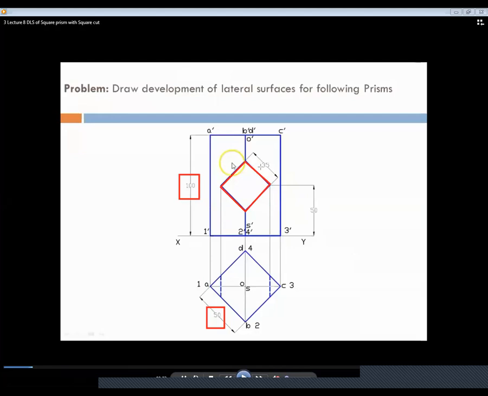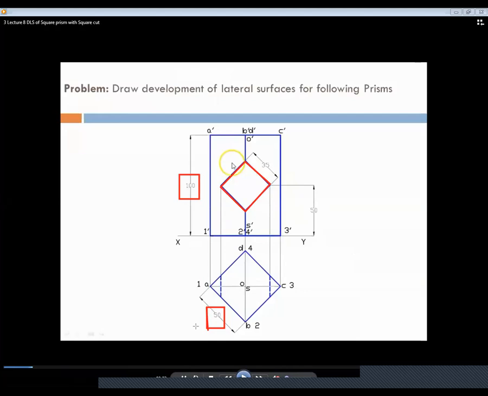The dimension may vary. In examination, instead of height 100, it will be 90, it will be 110, it will be 80. Instead of this 50, it will be 40, depending on the problem statement.